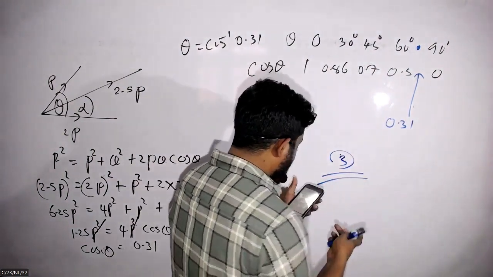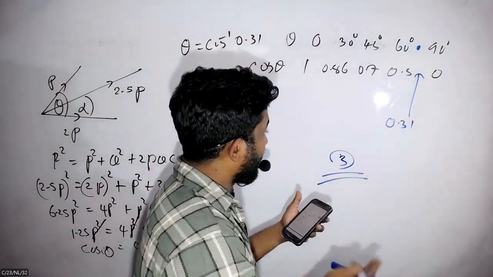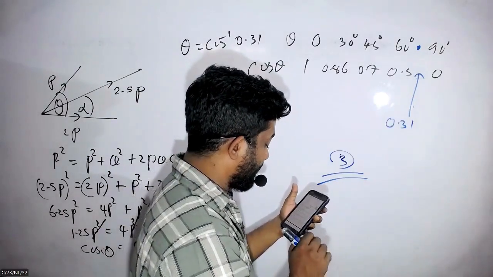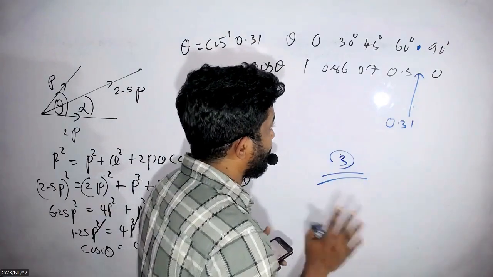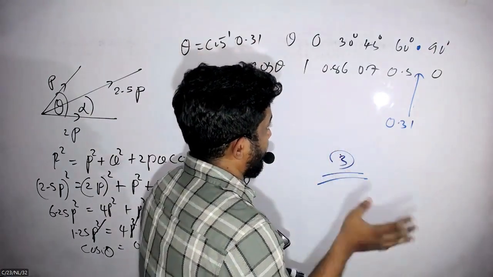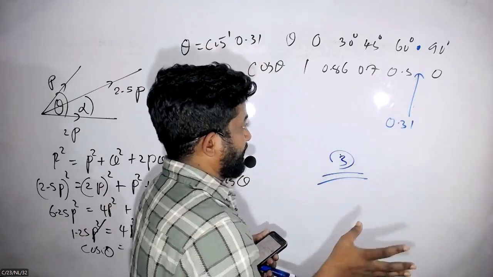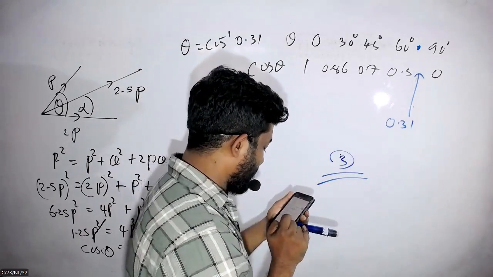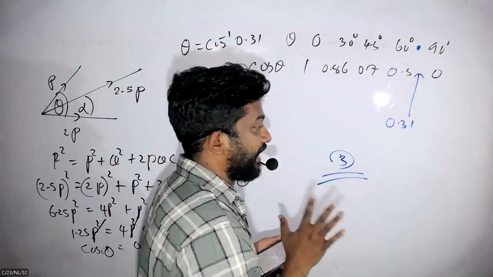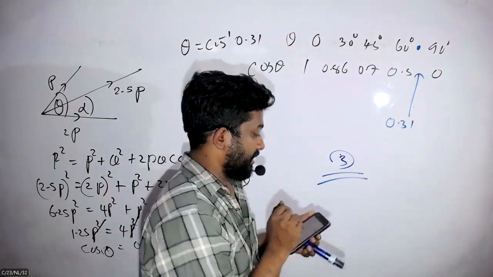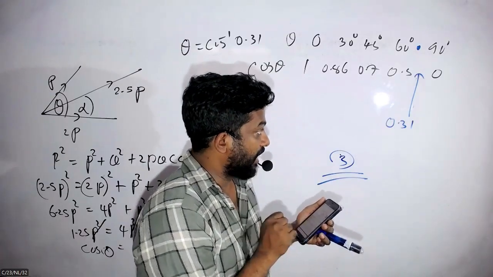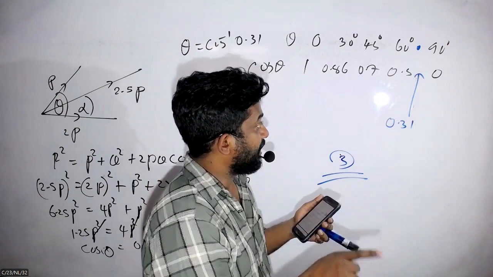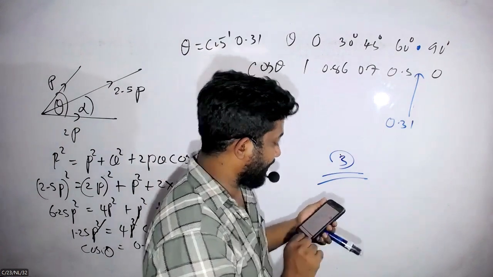The other options are 60 degree, 18 degree, 20 degree and 52 degree. In these answers, there is only one angle that lies between 60 degree and 90 degree.